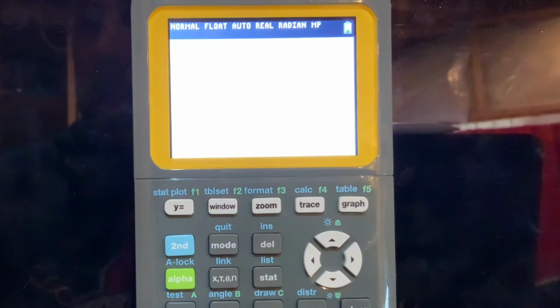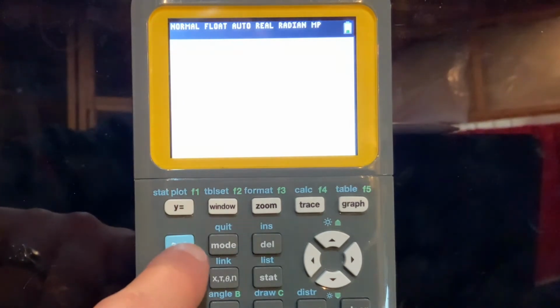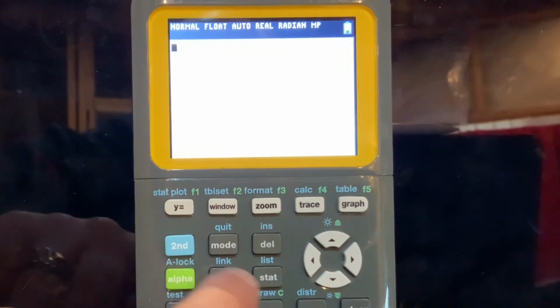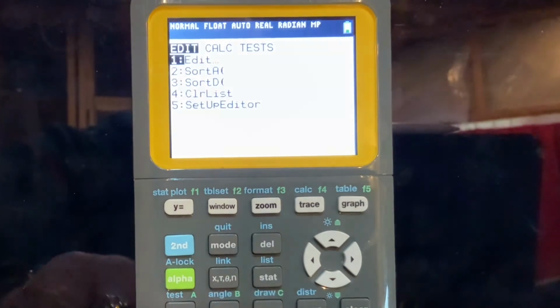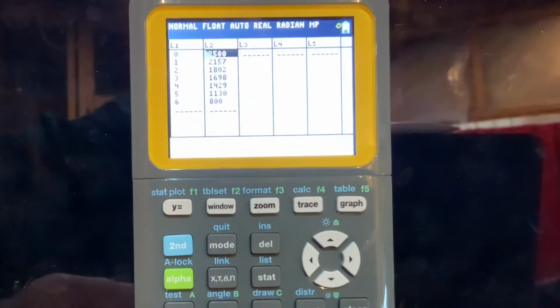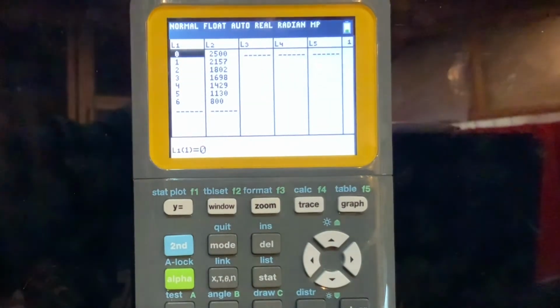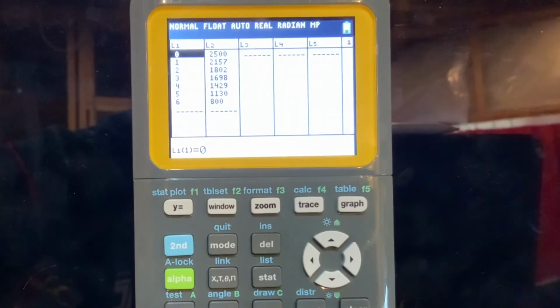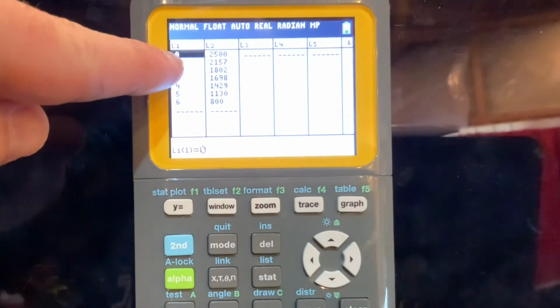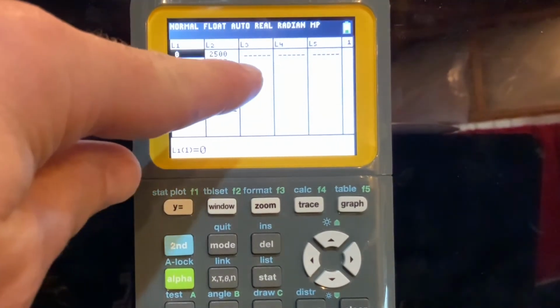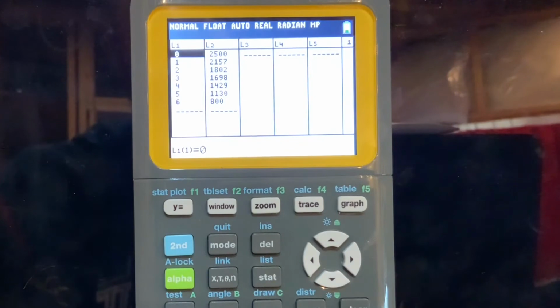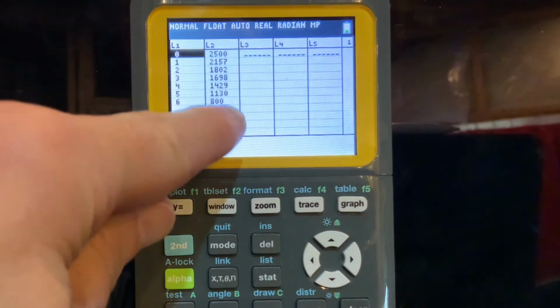The problem also mentions that at the beginning of the first day, that would be time 0, there are 2,500 bacteria. So if you hit the Stat button and choose to edit the list, I typed into L1 the X values from my table, days 0 to 6. I included the hidden ordered pair 0, 2500 because that was in the problem, not in the table. And I put the Y values from the table as well.